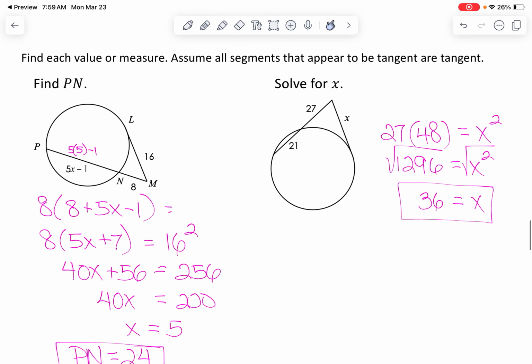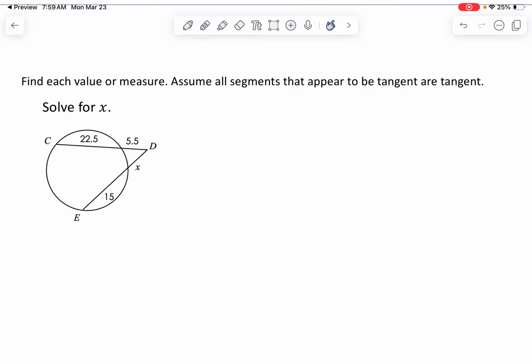Okay. So this, I notice I have two secants intersecting outside the circle. So remember then it's the outside times the whole thing is equal to the outside times the whole thing. So let's set this up so that we can solve it.